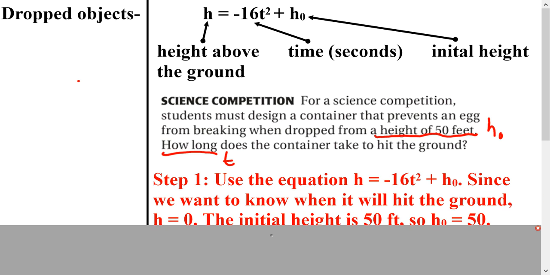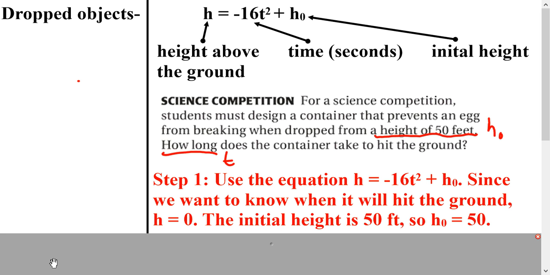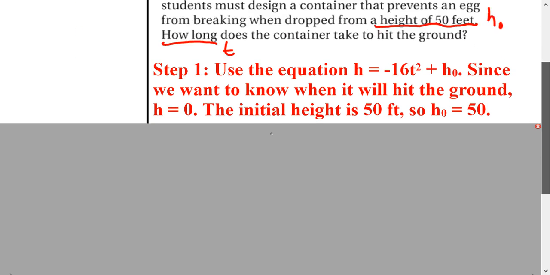So first, we're going to use our equation that we have for dropped objects. And since we want to know when it will hit the ground, the ground would be at what height? Well, the ground would be at h equals 0. So we're going to plug in 0 for h, because that would be the height above the ground. And then we know the initial height is 50, so h naught equals 50.